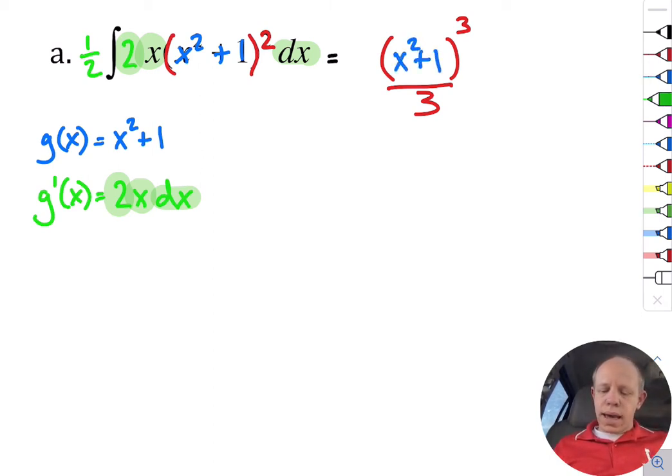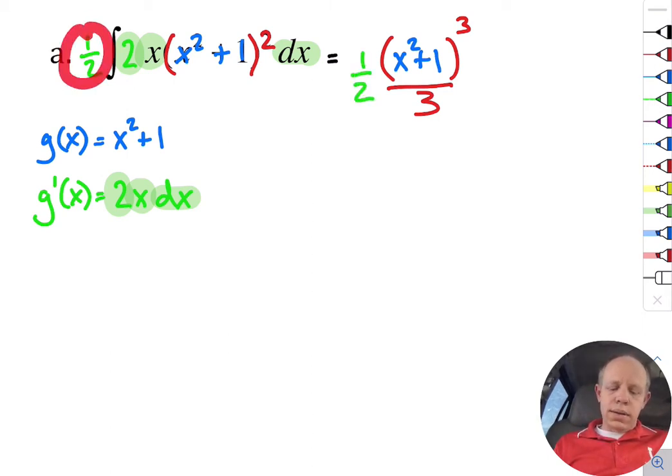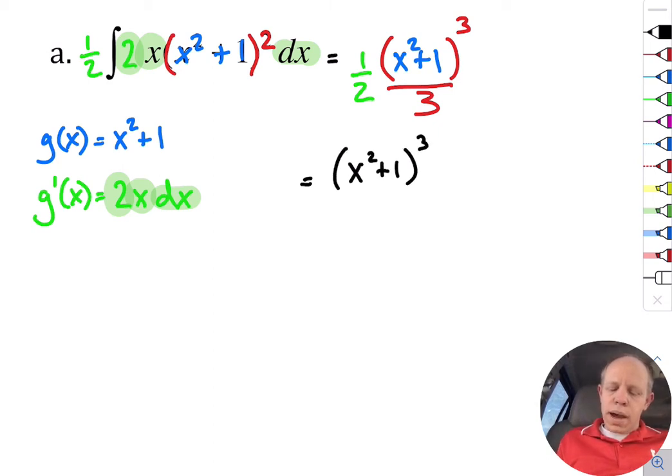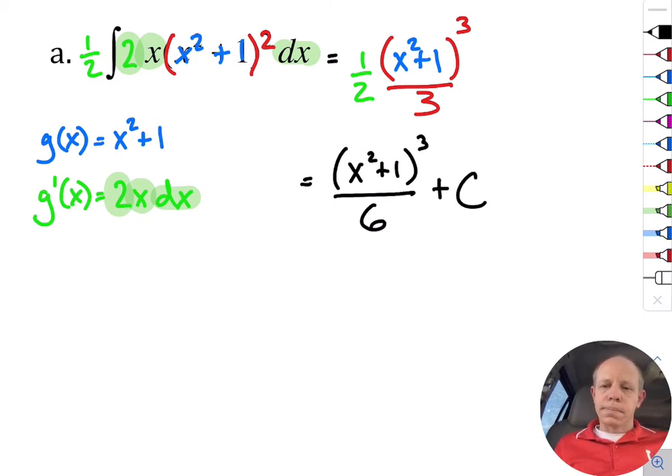And now we can't forget the 1/2 that we had to multiply on the outside to make this work. So we're just going to apply that now at the end. And so our final answer is going to be x squared plus 1 quantity raised to the third power over 6, plus C. Okay, so don't forget about that constant of integration.